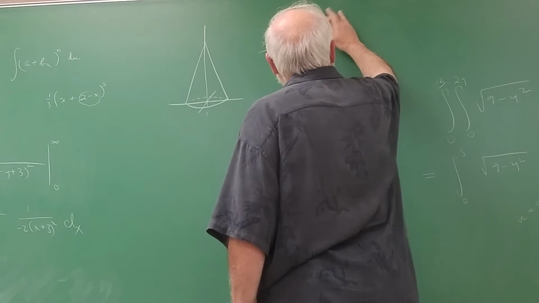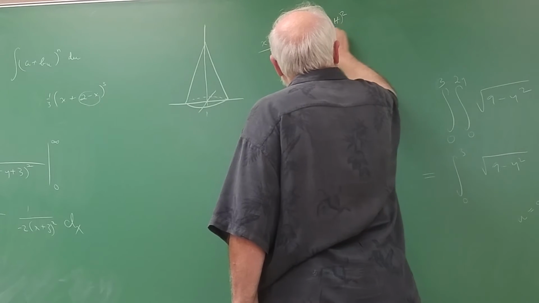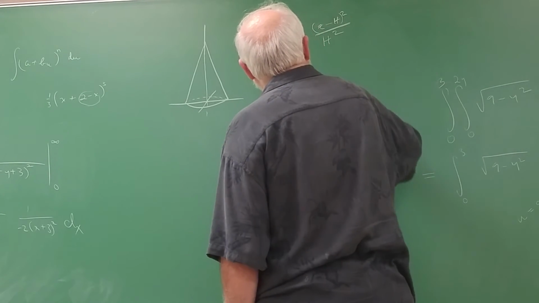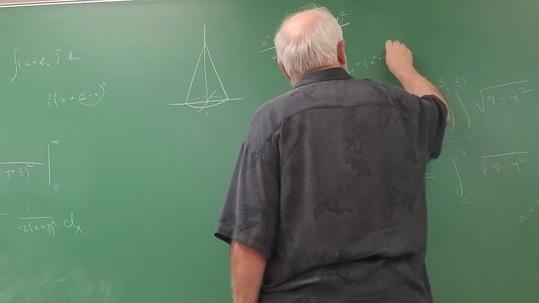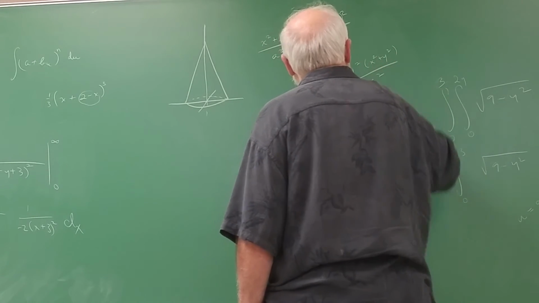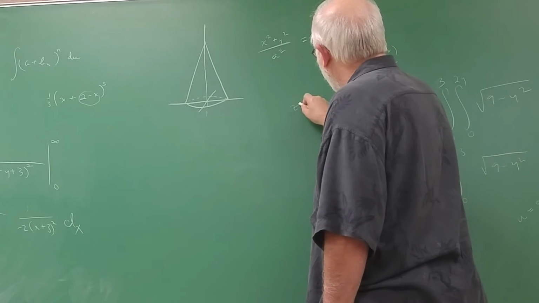And so then I changed this to a z minus h. And then we have h squared times x squared plus y squared over a squared. That was z minus h squared.